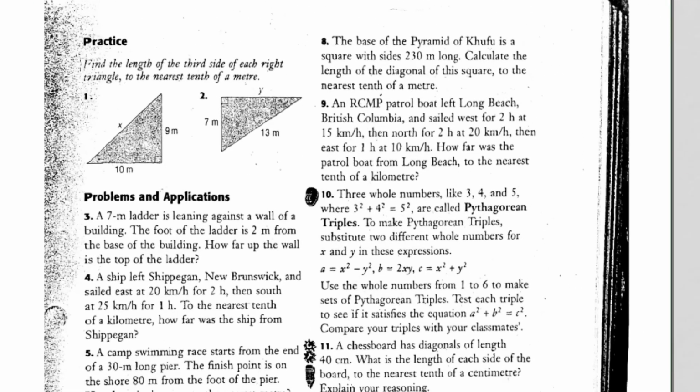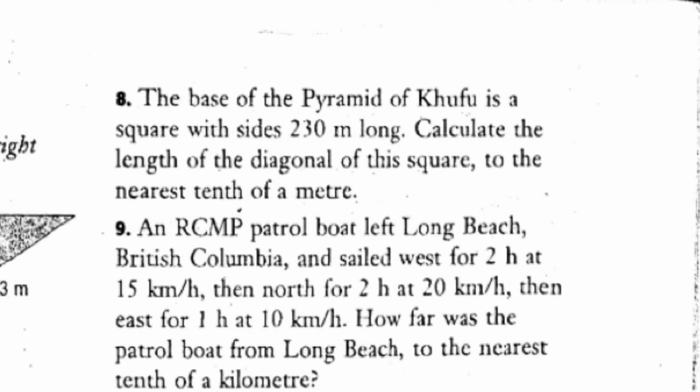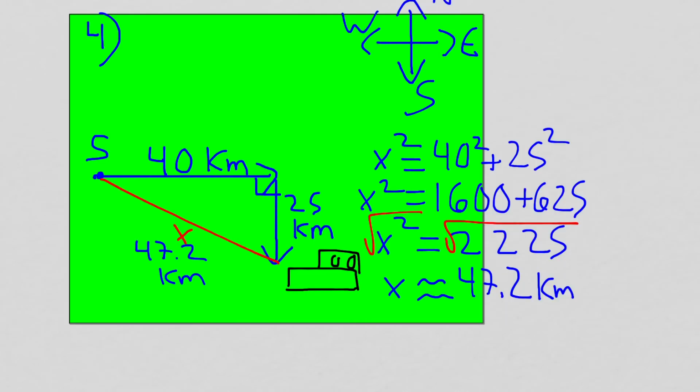We're going to skip to number 8. It says the base of the pyramid of Khufu in ancient Egypt is a square with sides 230 meters long. Calculate the length of the diagonal of this square to the nearest tenth of a meter. Let's draw a diagram, my friends.